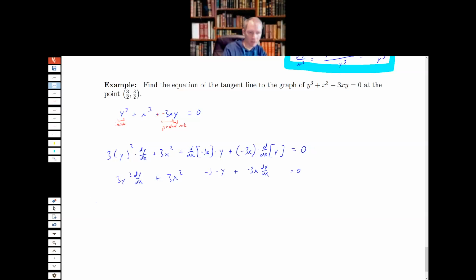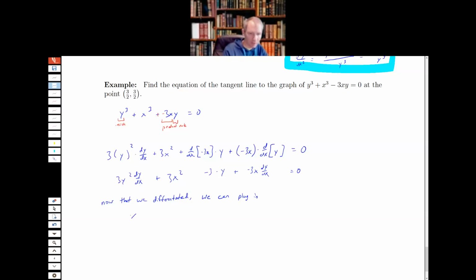So now that the differentiation is done, we're free to plug in if we like. So if I plug in x is 3/2 and y is 3/2, then instead of having the derivative as a function, at one point I just have a slope.